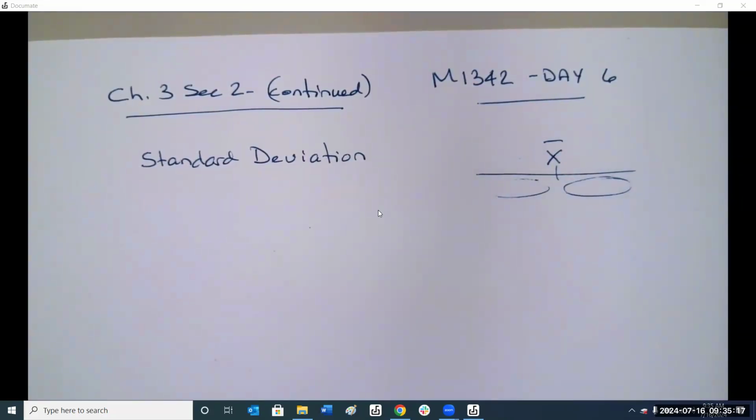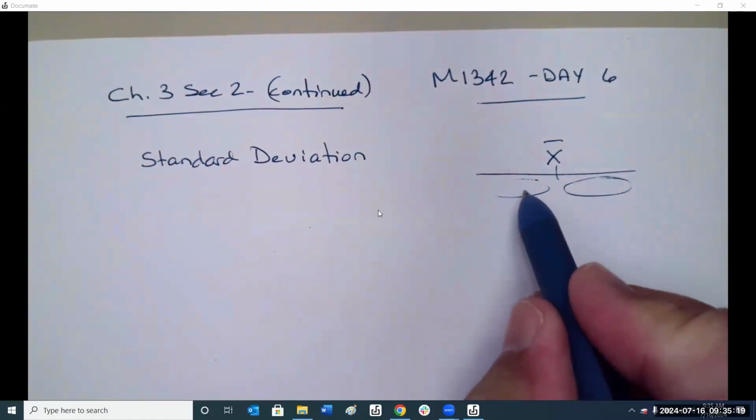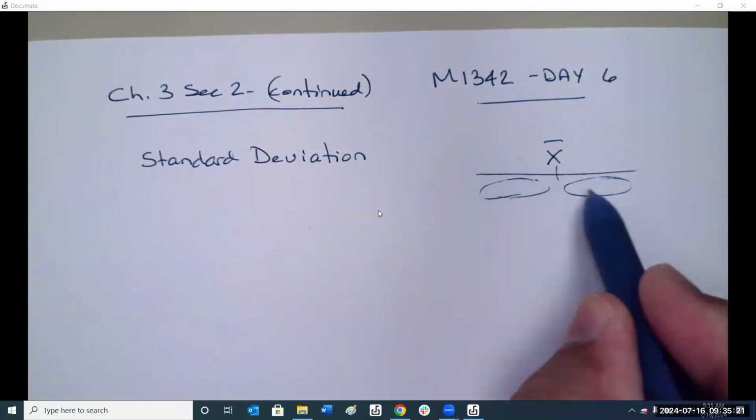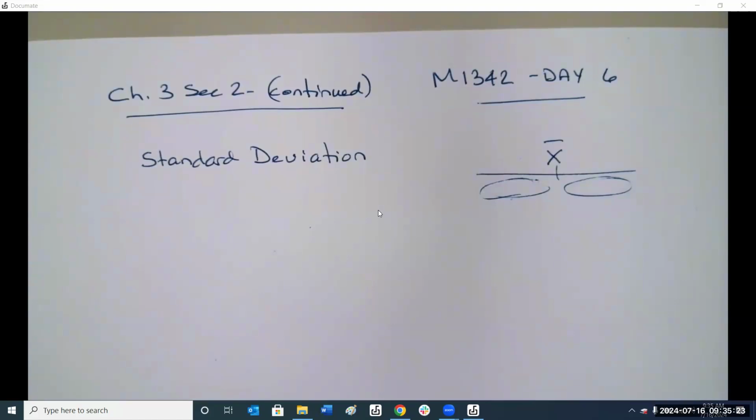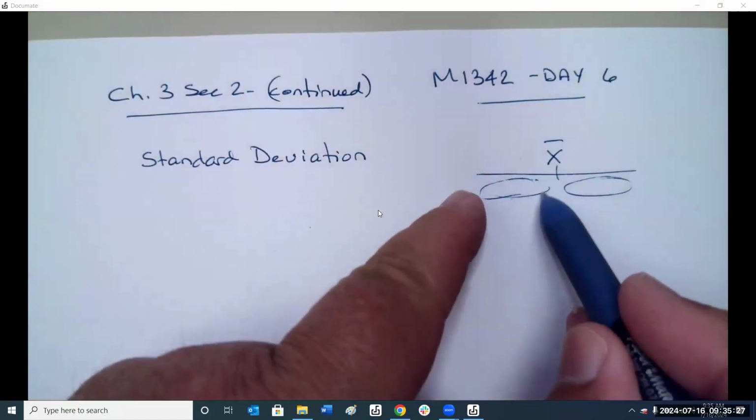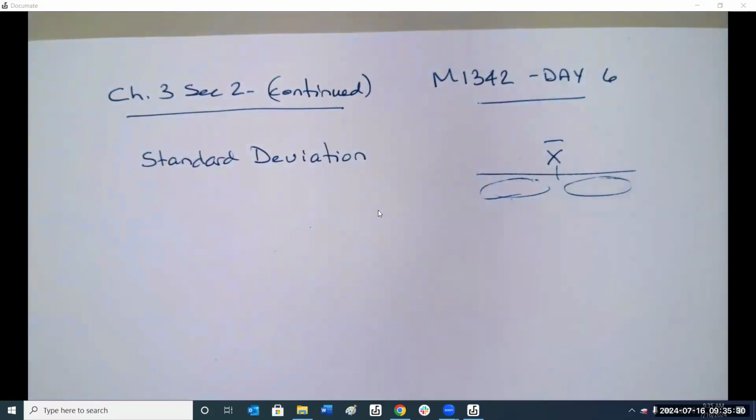What we're interested in now is how do these numbers on both sides behave? How far is this left group and how far is this right group away from the mean? That's what deviation is all about. Deviation tells us the average distance of all the numbers on both sides of the mean.